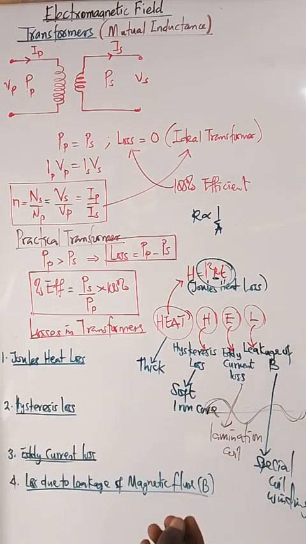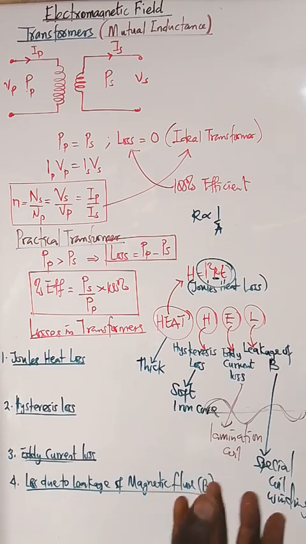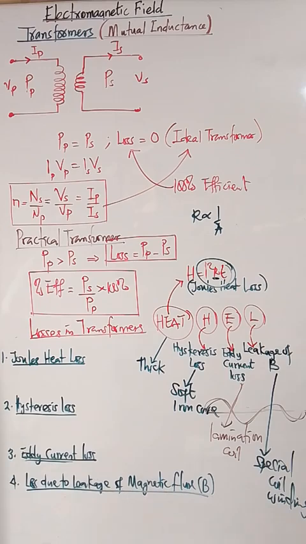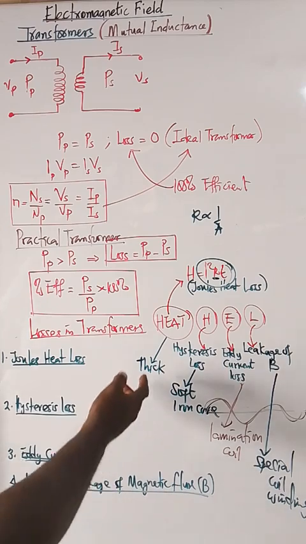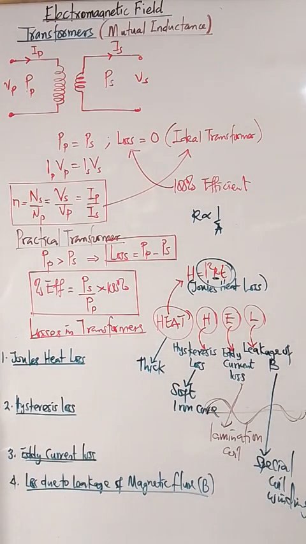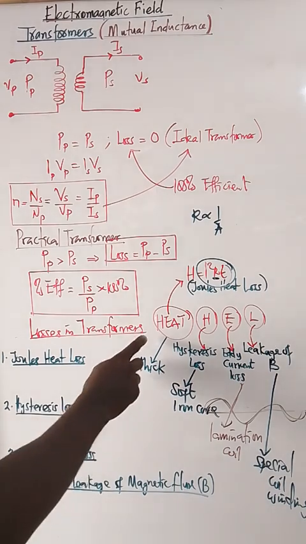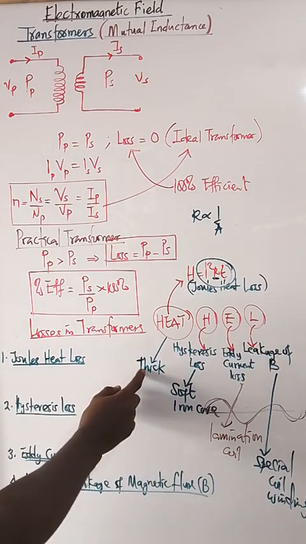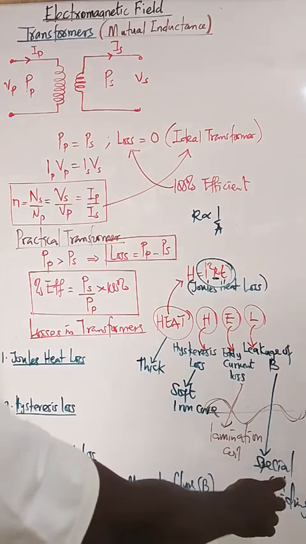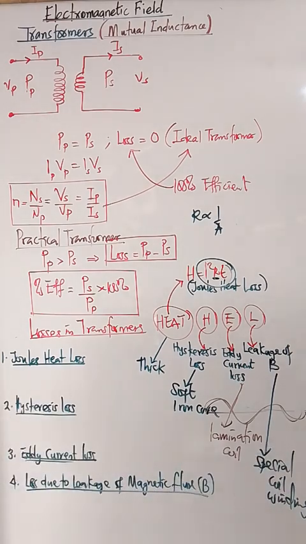By doing what we call special coil winding, to maximize the amount of induction lines passing through the core. Then to reduce heat loss, we use a thick wire of low resistance.